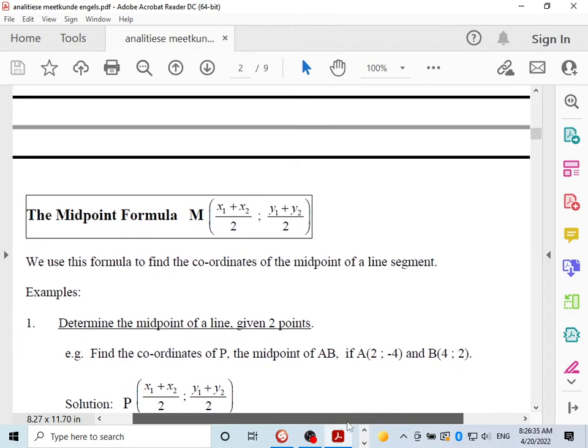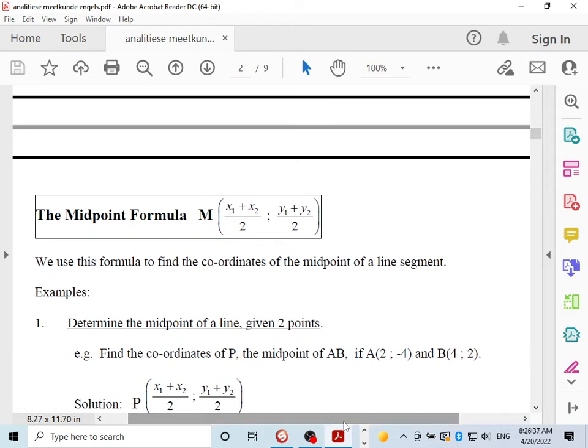Write down the next one. The midpoint formula.